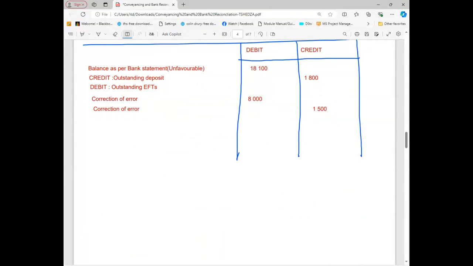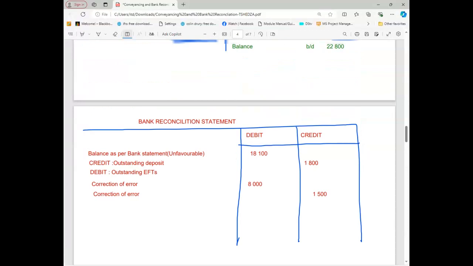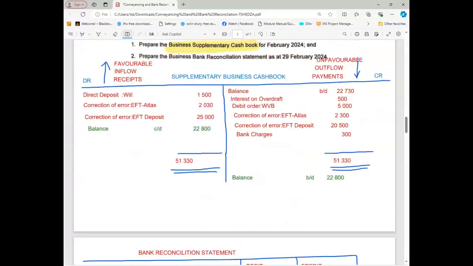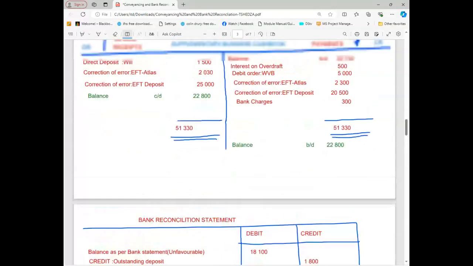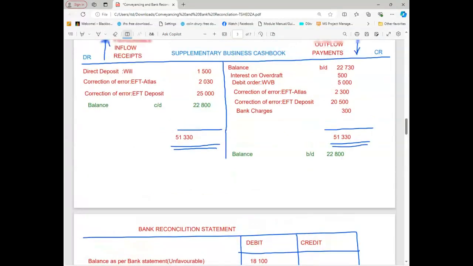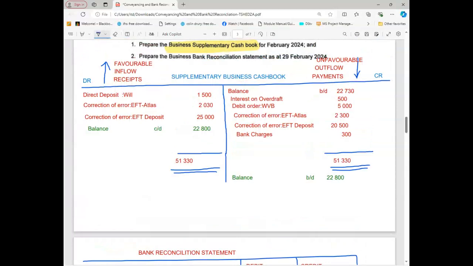Now, the last thing that we need to do, we need to bring this new balance for the supplementary. We need to bring this because it must be part of that. We're reconciling, remember. So what I like about it, you just have to check where is the brought down amount under which side? On the credit. So we just have to put it on the credit.